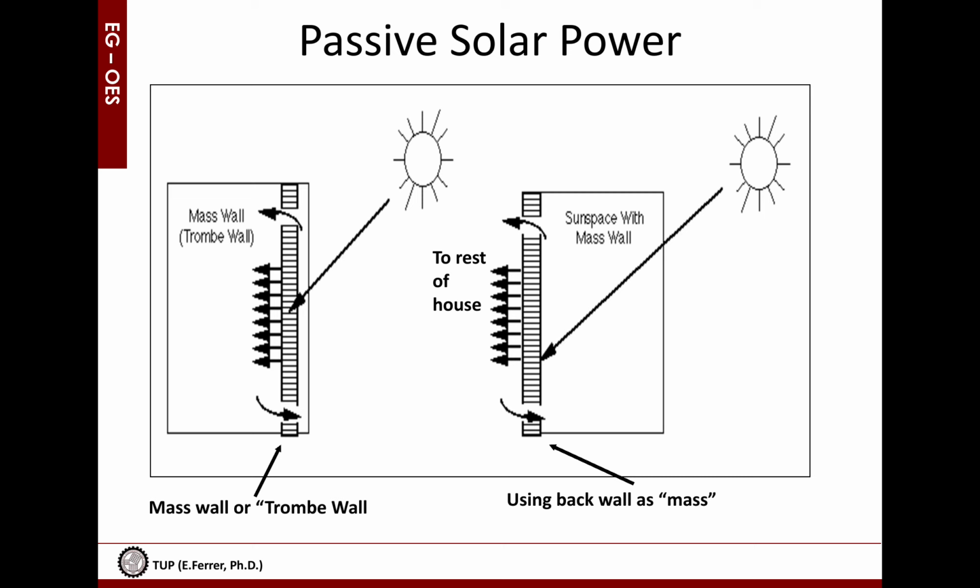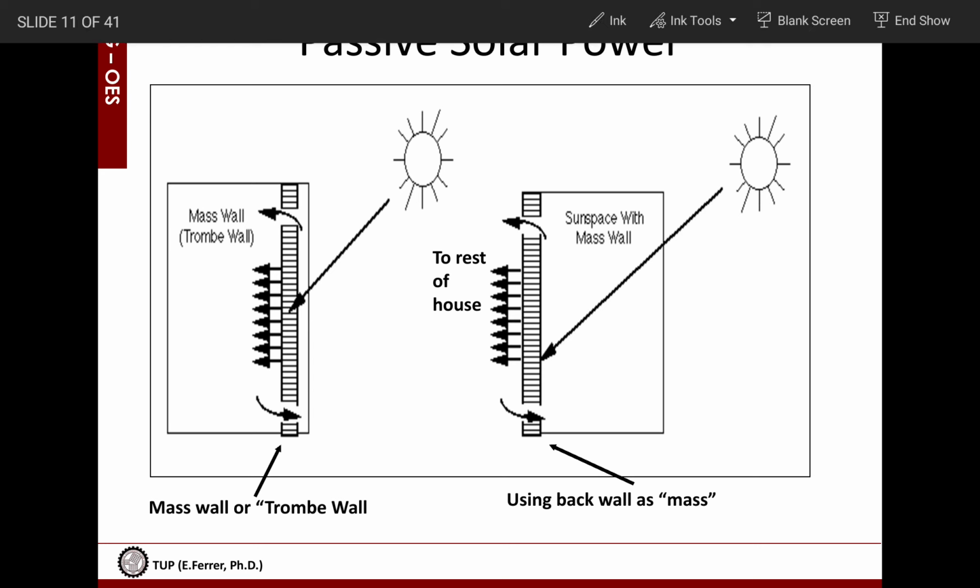You have a mass wall on the left side, and the heat of the sun is going that way. Then you will have here this mass wall, and then you have here the Trombe wall.